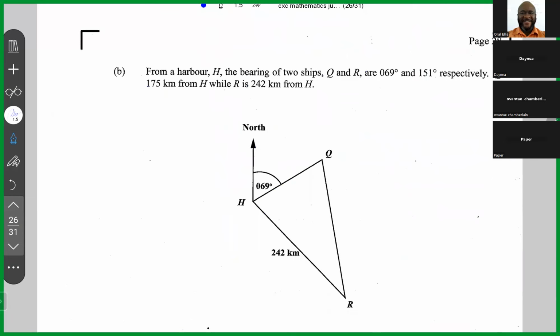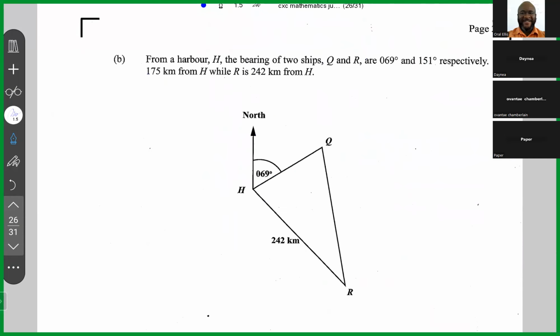All right, B part of the question is on bearing. It says from a harbor H, the bearing of two ships, Q and R, are 69 degrees and 151 degrees respectively.